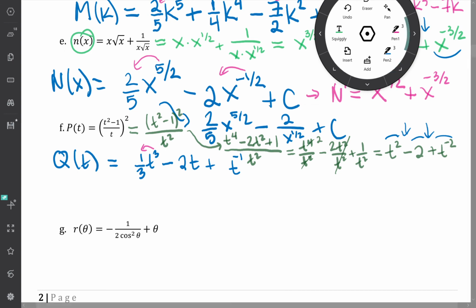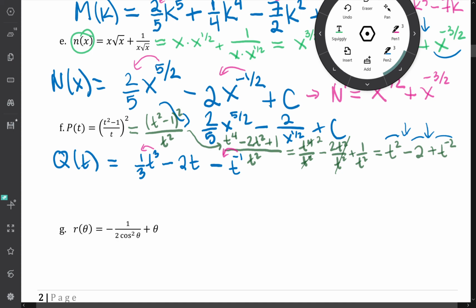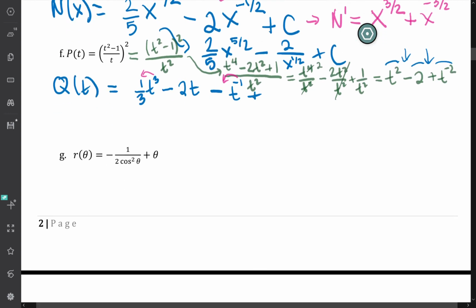And I want to think again about if I bring this down in front, nothing weird happens with the t to the 1, but with the t to the -1, I would get -t to the -2, and I don't want a negative out in front, which means I have to throw in an extra -1 to cancel it. So this is what I think my antiderivative is looking like, plus c, which means rewriting, you can make it t cubed over 3 if you'd like, minus 1 over t would look like this.